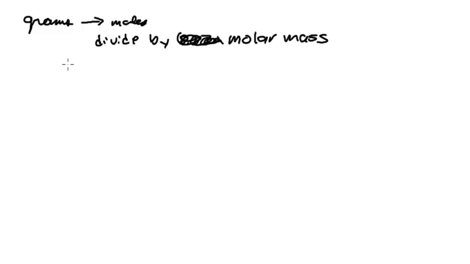Okay, so if I have 11.9 grams of aluminum, to figure out how many moles that is, I'm going to divide that by the molar mass of aluminum.